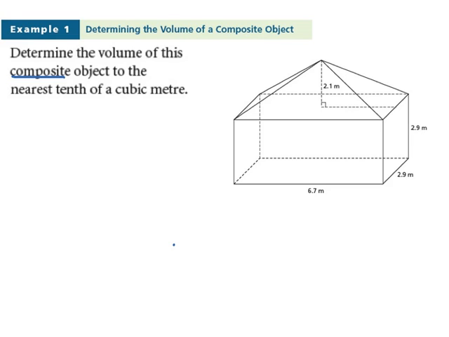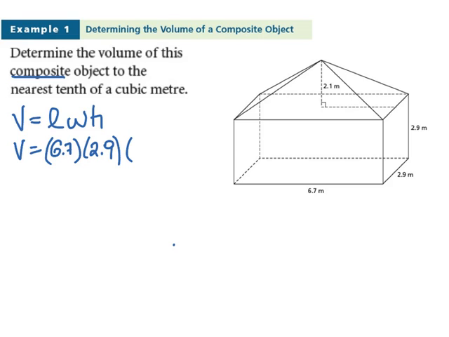Volume for a rectangular prism, or a rectangle in 3 dimensions, is length times width times height. So the volume of the rectangular prism is 6.7 times 2.9 times 2.9 again. Let's not worry about the cubic meter at this time.